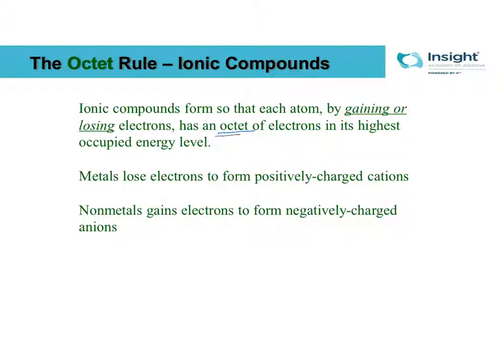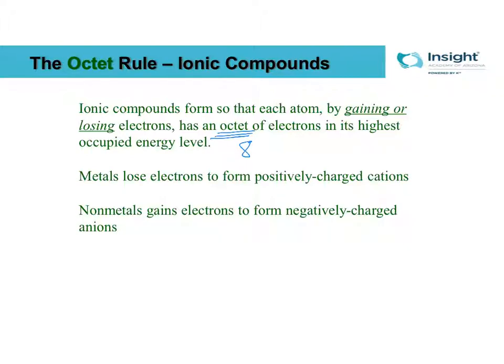So what number does that sound like? Octet is 8. And that's kind of the goal. This whole octet rule and trying to get to 8 is the emphasis behind all types of bonding. In ionic bonding, we either completely give up electrons or completely gain electrons in order to do this.